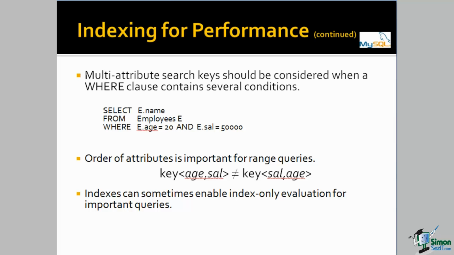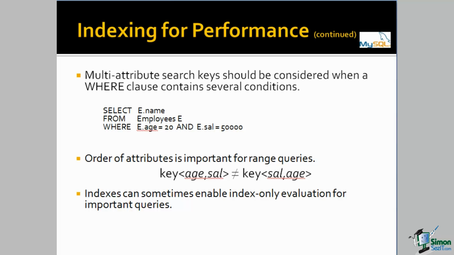And we talked a little bit about covering indexes. A covering index is simply a non-clustered index that carries extra data around with each of the key values. This extra data plays no role in the organization of the index B plus tree. It's just extra data that's being carried around.